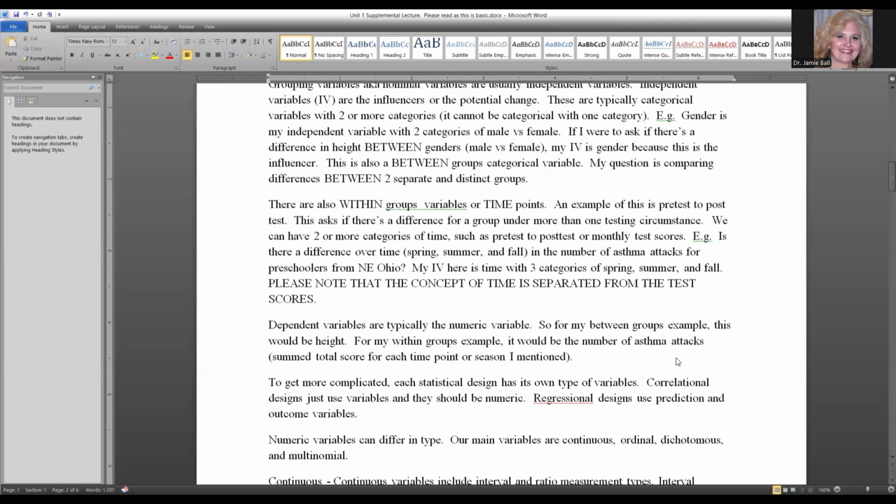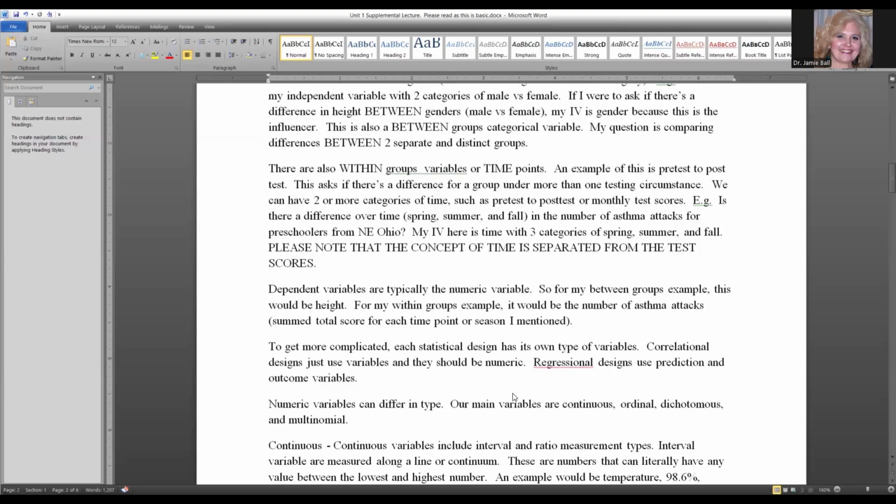For my within groups example, is there a difference in the number of asthma attacks for preschoolers between spring, summer, and fall? My independent variable is time, spring, summer, and fall. My dependent variable is the number of asthma attacks for spring, and then for summer, and then for fall, okay? But it's the number of asthma attacks.